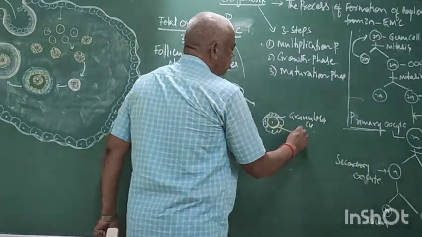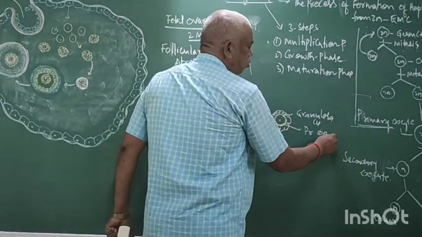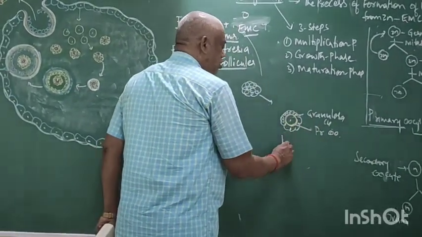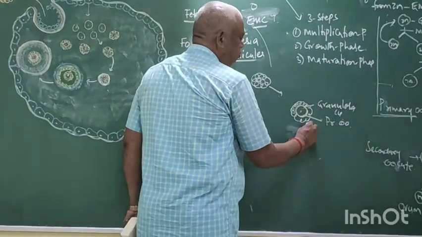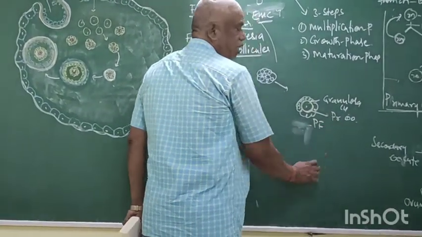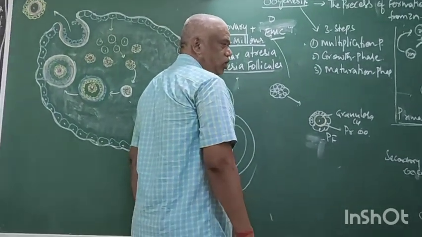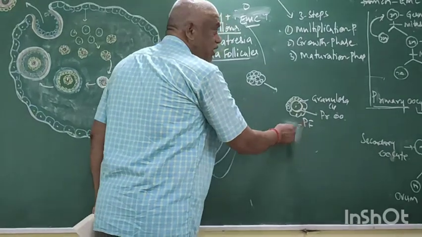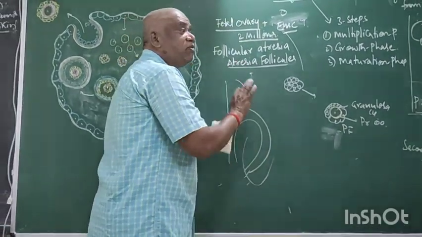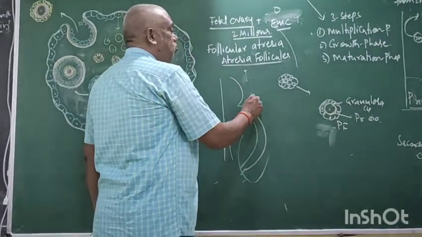This primary oocyte and granulosa cells all together are called PF, primary follicle. Right. Now, this primary follicular stage remains up to puberty.